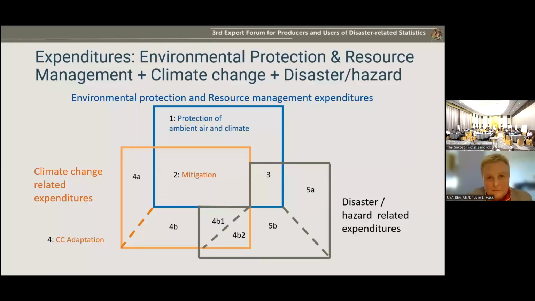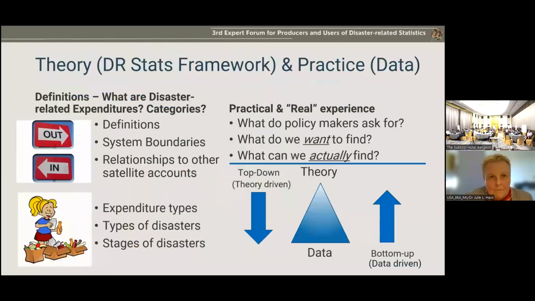Next slide, please. So what we have is, on the left, before you can start counting something, we actually need to know what are we going to count. And those are determined often by definitions and system boundaries, what's in and out, in other words.